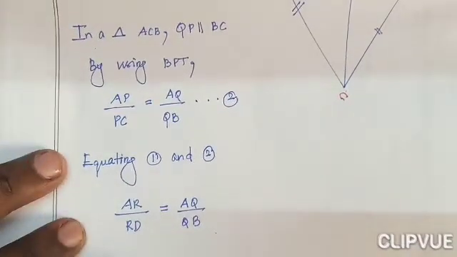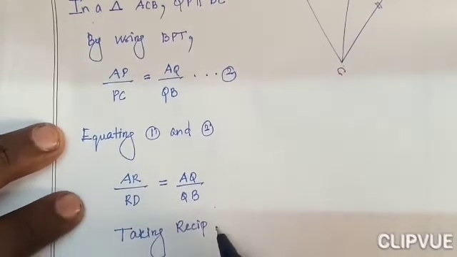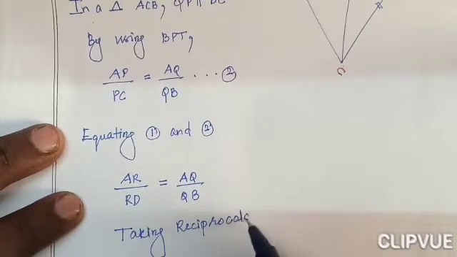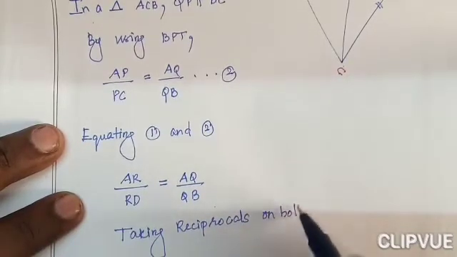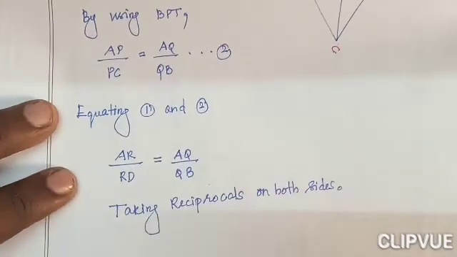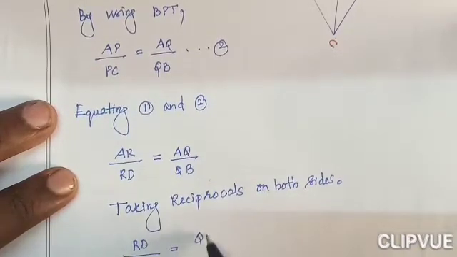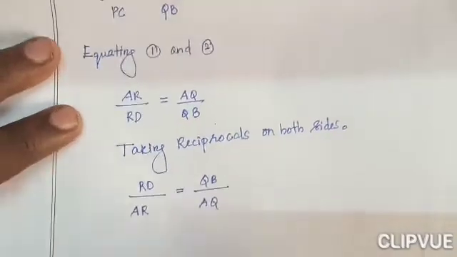So taking reciprocal on both sides, RD by AR equal to QB by AQ.